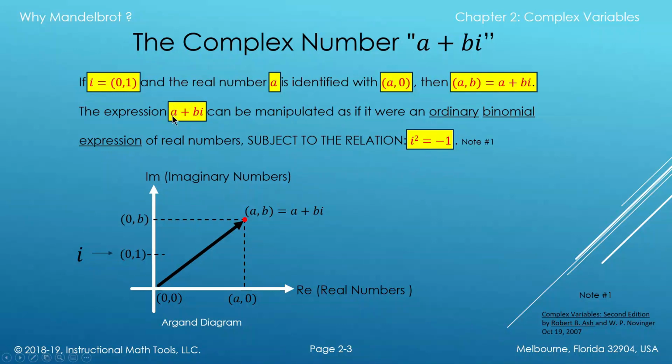That means that we can treat this as a normal binomial, an ordinary binomial expression, and apply all the rules of algebra that you have learned for years, and nothing will be changed except for when it comes to i squared. We have to bow to this fact if we're going to treat these as ordinary binomial expressions.